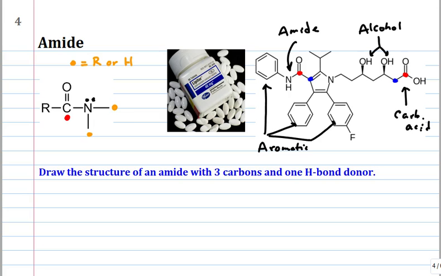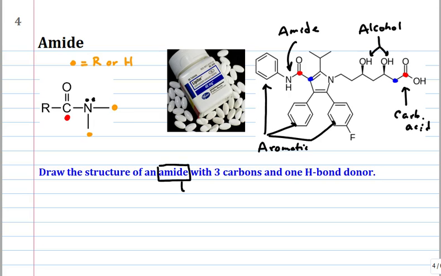All right? Well, let's practice a question here. This is the kind of question that you're going to see next week. So draw the structure of an amide with 3 carbons and 1 H bond donor. Wow. So I'm giving you some information in the question. You have to make it an amide.